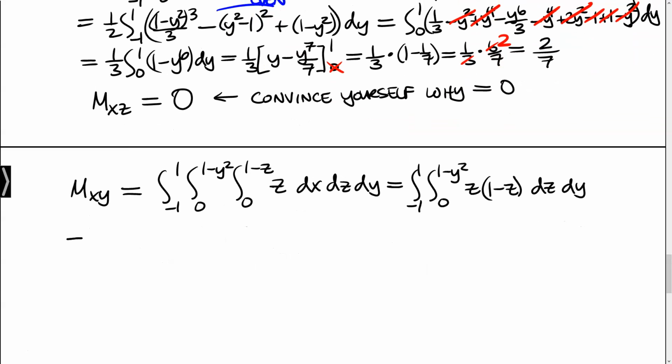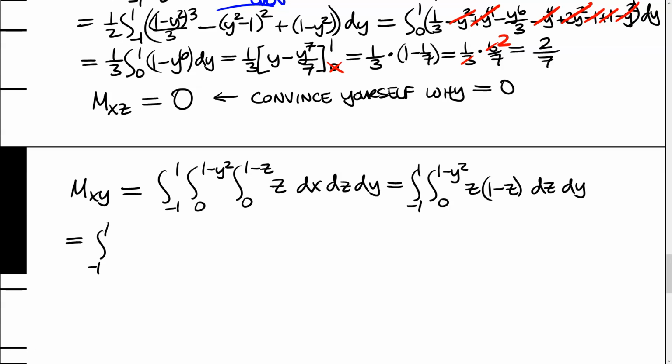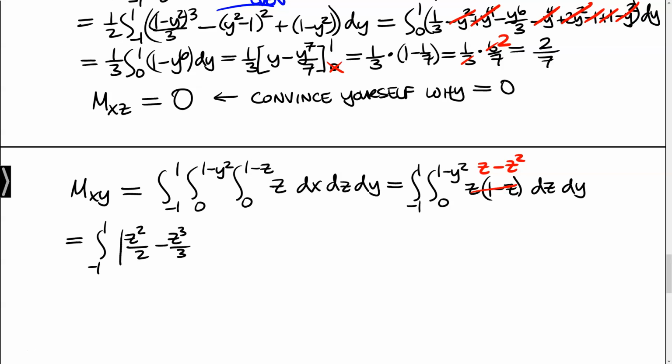And so I'm going to get, from minus 1 to 1, the integral of z minus z squared. So it's going to be z squared over 2 minus z cubed over 3. And let's see, we're going from 0 up to 1 minus y squared.